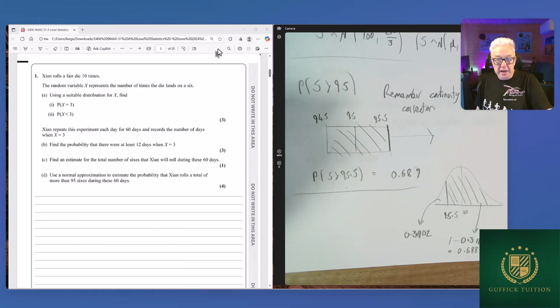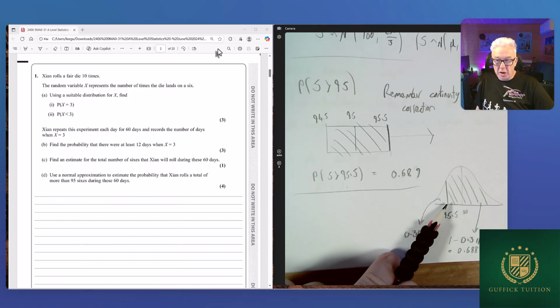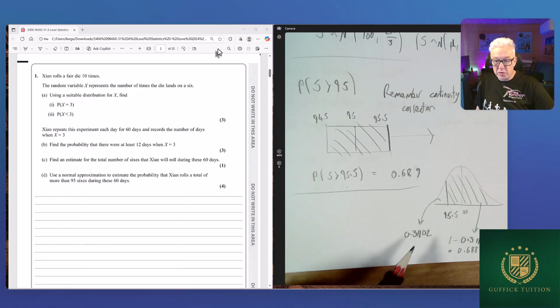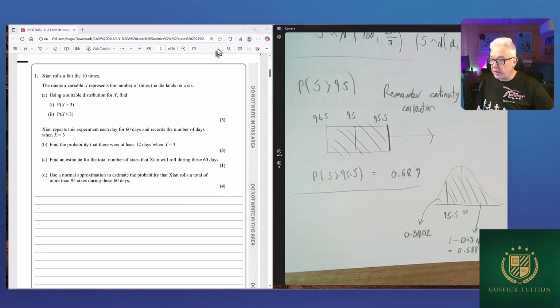Now again, depending on your calculators, there are several ways you can do this. You can select the right hand tail if you've got a graphical calculator and do it directly. If you're using a regular calculator, you can either set your lower limit to be a really big negative number and put your upper limit as 95.5, which will give you 0.311. And then because we're after this bit, you could do 1 take away that value.